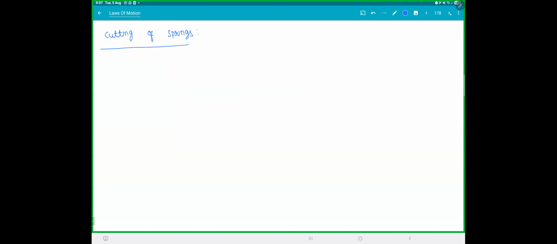Now we are going to derive this formula later on in some other chapter, but the spring constant K is given by YA by L. There is a formula like this. So if you take a spring here, this thing here is your area of cross section.